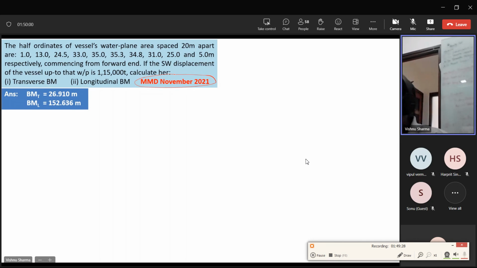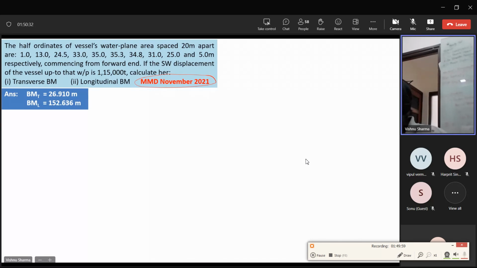MMD November 21. The half ordinates, that means half breadths of the ship's water plane area, spaced 20 meters apart, are 1, 2, 3, 4, 5, 6, 7, 8, 9, 10, commencing from forward end. If the seawater displacement of the vessel up to that water plane is 1,15,000 tons, calculate BMT and BML.